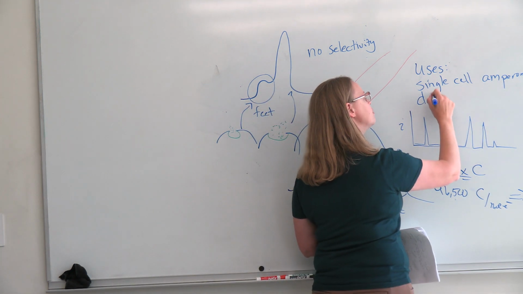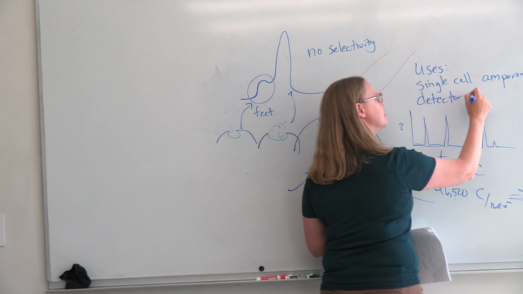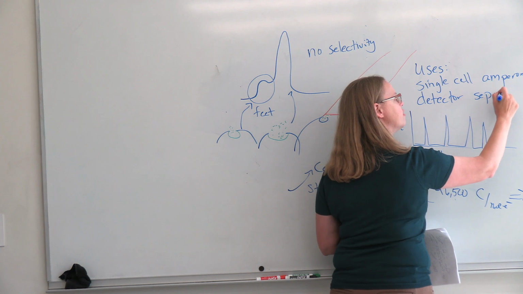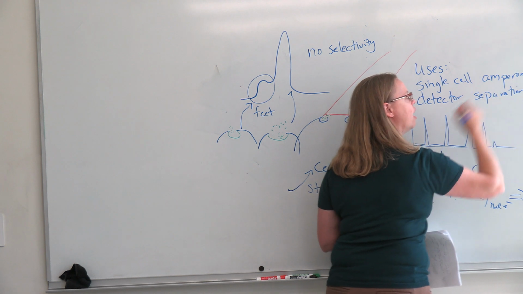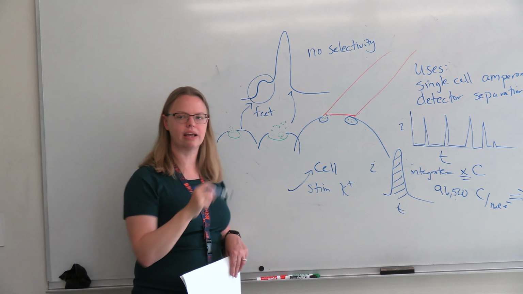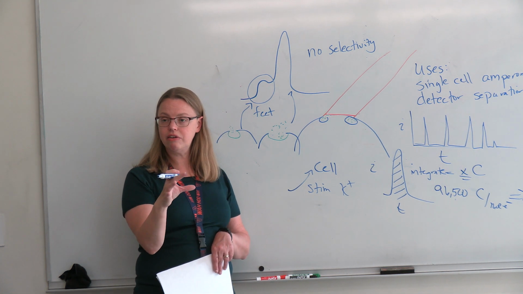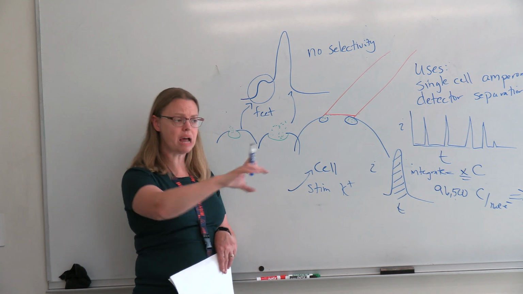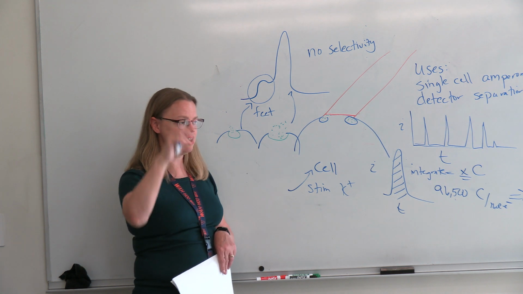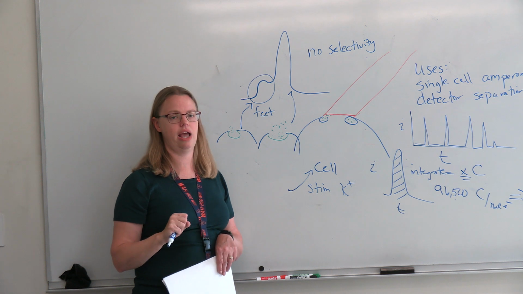The other thing amperometry is used for is as a detector for separations. And so separations like LC, or we've done capillary electrophoresis, there you don't care about the selectivity as much because hopefully you separated everything into peaks, and then you can just apply a voltage and go there.